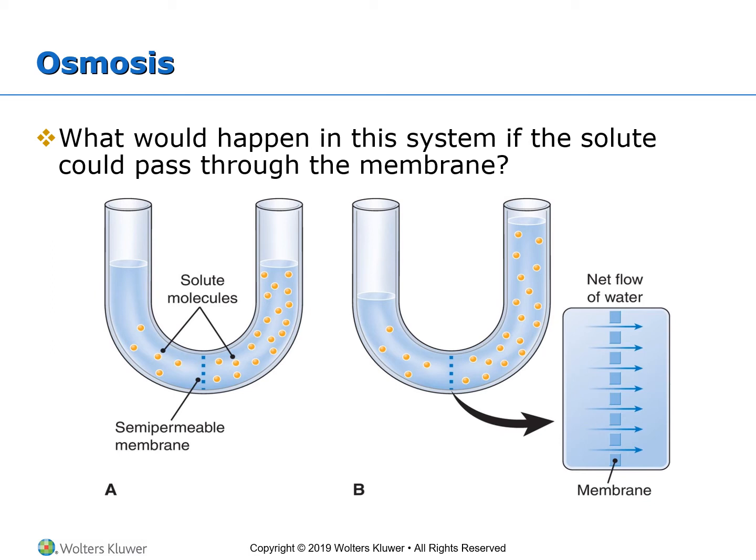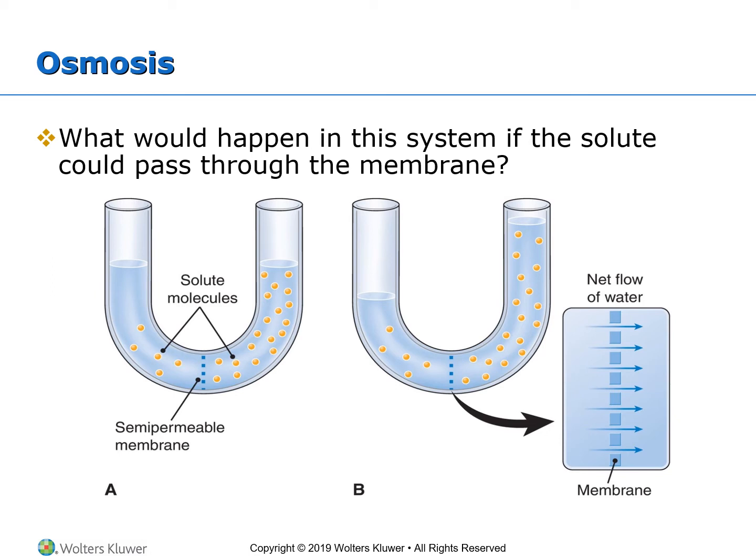Now, let's talk a little bit about osmosis, which is a special type of diffusion. So when we are talking about this, let's apply it to the diffusion of water through a semi-permeable membrane. Water can move rapidly through the plasma membrane with the help of some channels that are called aquaporins.